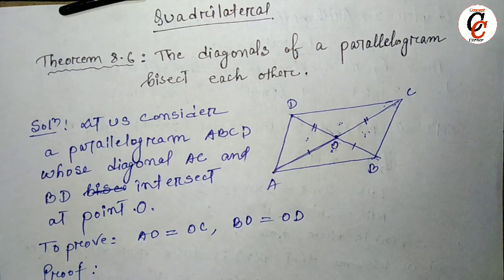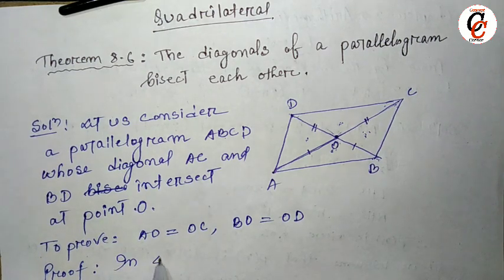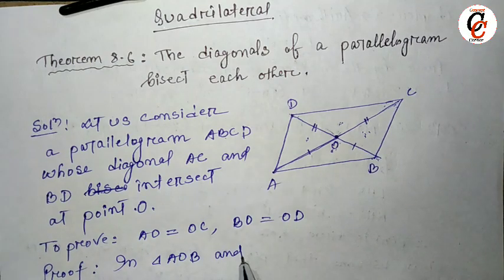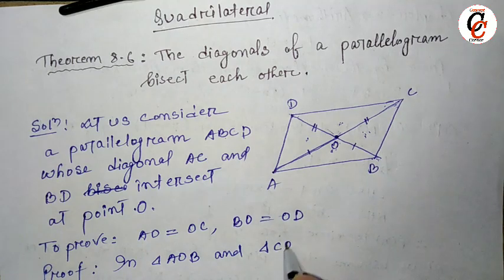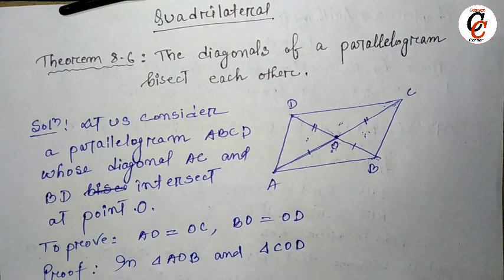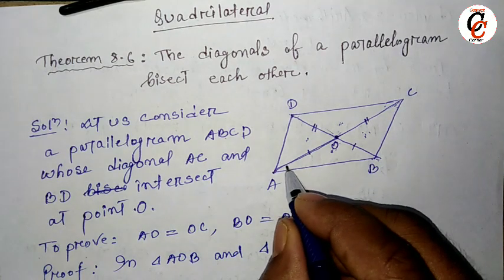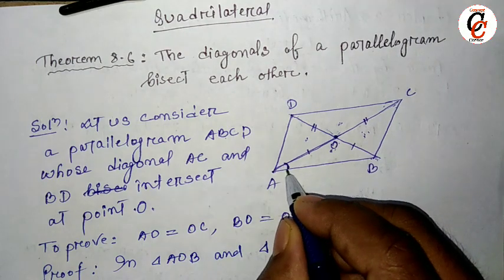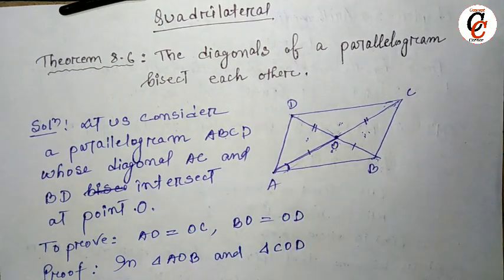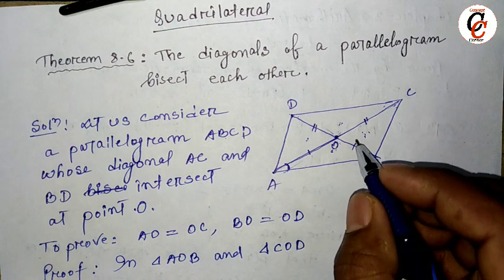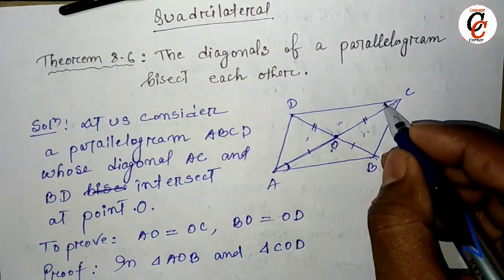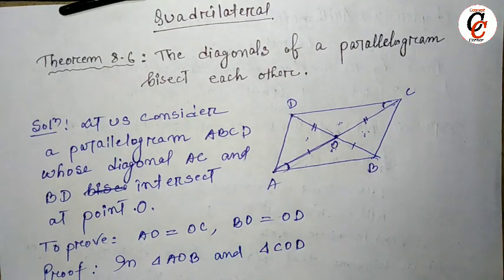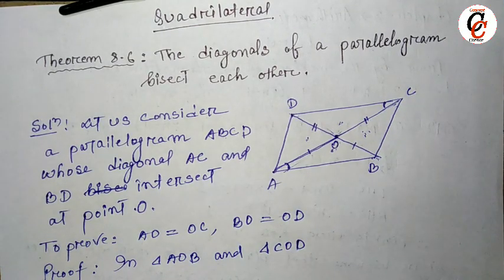So let us take triangle AOB and triangle COD. What can you write? In triangle AOB, angle OAB is equal to angle OCD, alternate angle.